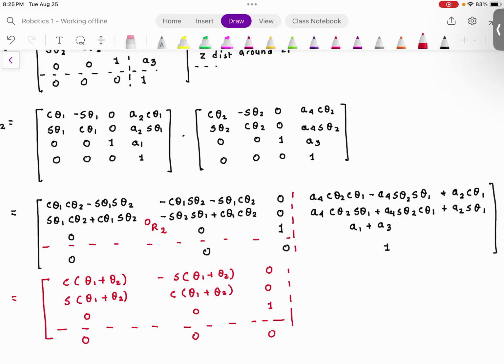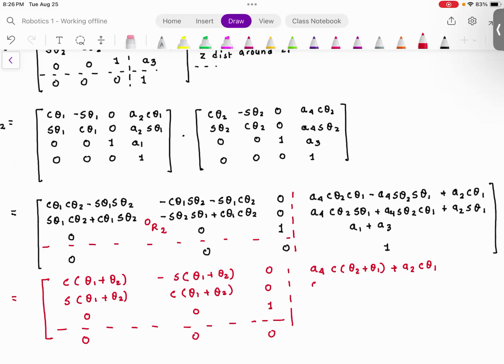Now, in this expression, I'm going to take A4 outside. If I take A4 outside, cosine theta 2 cosine theta 1 minus sine theta 2 sine theta 1. So you agree with me? This becomes A4 cosine of theta 2 plus theta 1, plus A2 cosine theta 1.